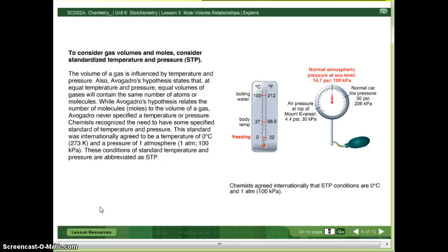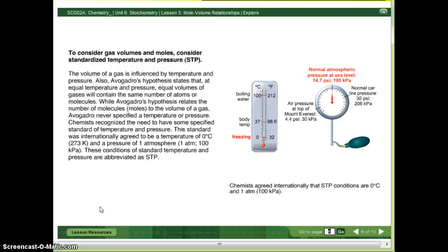While Avogadro's hypothesis relates the number of molecules or moles to the volume of a gas, Avogadro never specified a temperature or pressure. Chemists recognize the need to have some specified standard of temperature and pressure. That's because if somebody is doing an experiment on the top of Mount Everest, they're going to have very different results than if they're doing it on the beach in Jamaica, because you have different temperature and pressure.